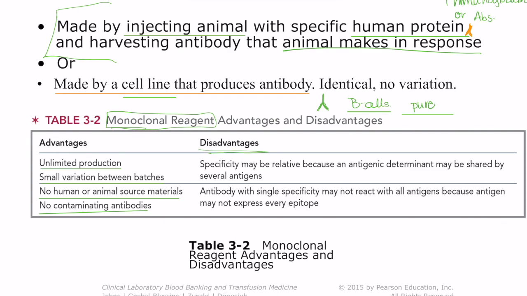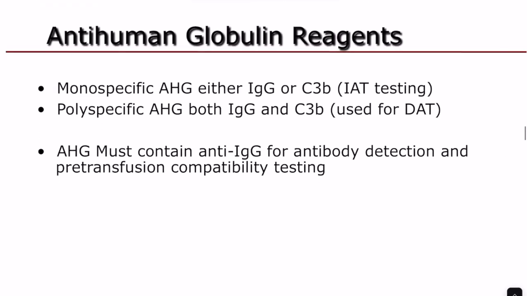Disadvantages. It may just be a little bit too specific. I haven't found that in practice to be too much of an issue. That's where it is, that single specificity. But they've done a good job making these that we don't really have too many of those issues.